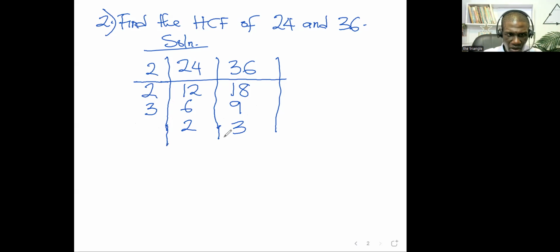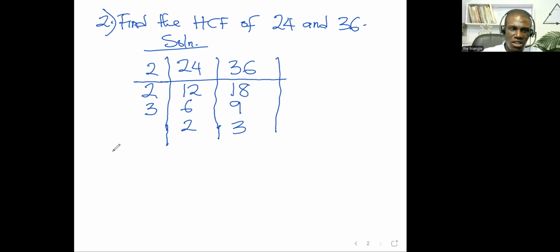Now we are down to 2 and 3. Can any prime number go into this pair of numbers, 2 and 3? Actually, they are the least prime numbers. So there's no number that can divide both of them simultaneously. So therefore, we'll end here. We'll multiply the common factors that we have here.